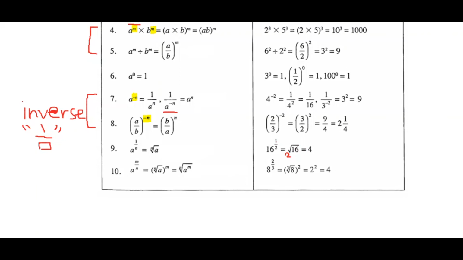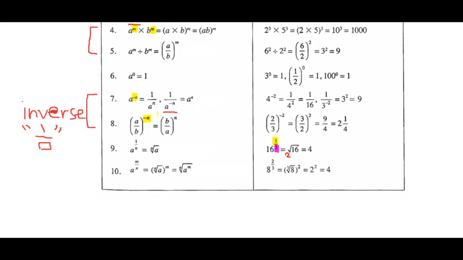When I have a 1 over, it actually means that it is a root of that number. Depending on what the root is determined by the number at the bottom, right? So it's 1 over 3, it is cube root, right? This number at the bottom determines how much of the root it is. So in this case is 2.